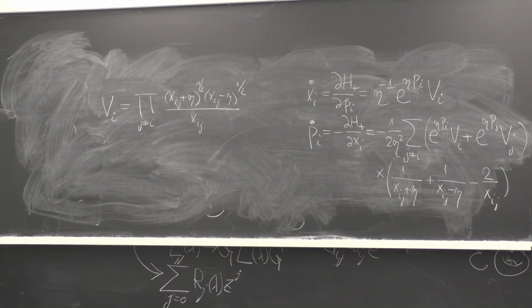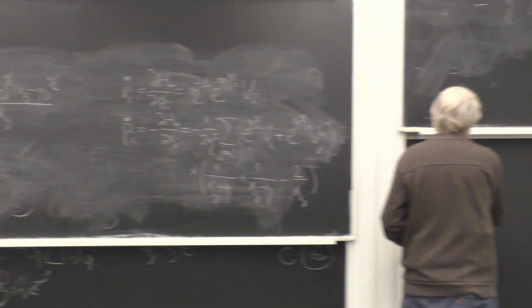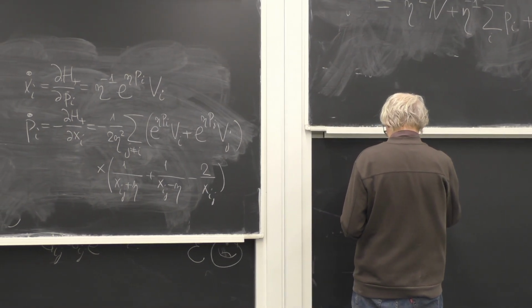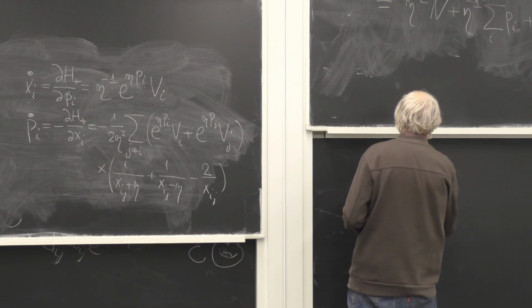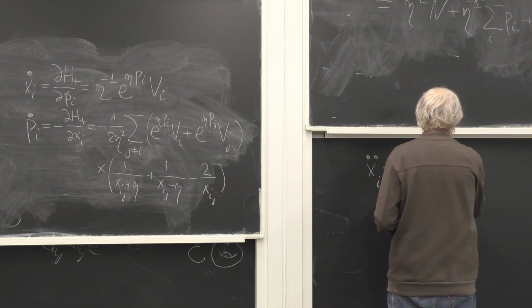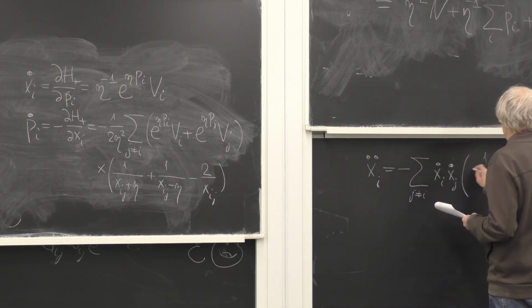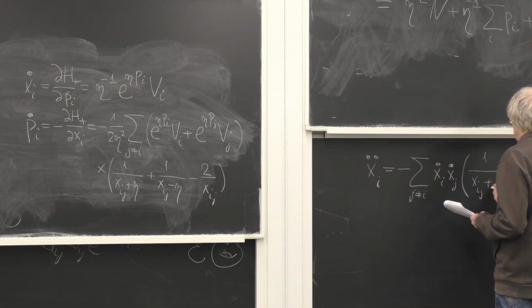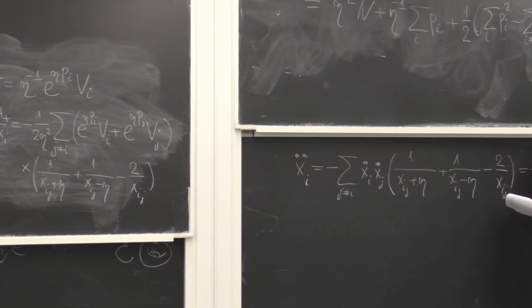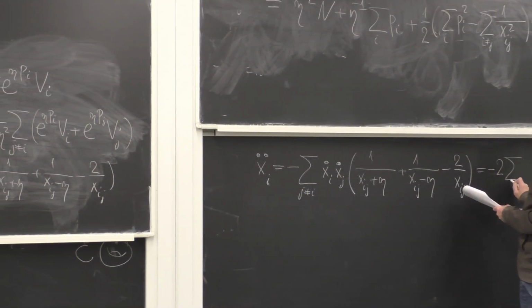The problem is to find the Newtonian equations of motion and prove that they can be written in the following form. You can rewrite this as follows.